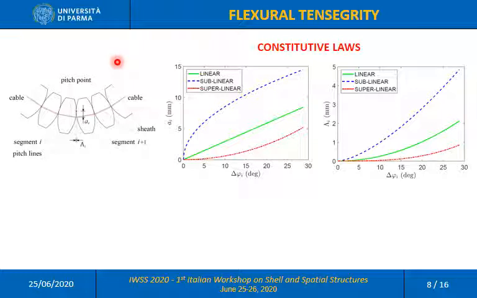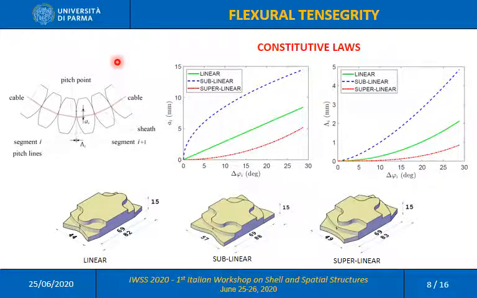So we have constructed these three different prototypes, and here we have a schematic view of the corresponding 3D printed segments, which are the basic constituents. As you can notice, the only difference is represented by the shape of these profiles.